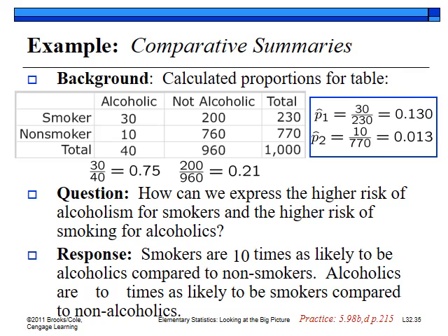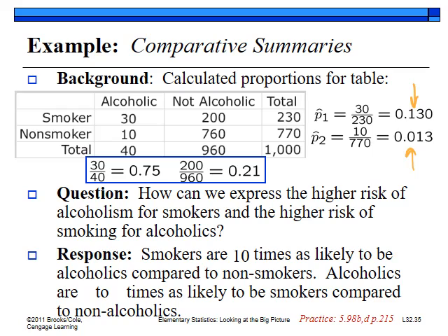That's because the top number here is 10 times the bottom number. Now, if we look at alcoholics versus non-alcoholics, what's the relationship between that 0.75 and the 0.21? Well, 0.21 times 3 is about 0.63, times 4 it's about 0.88, so it's somewhere in between 3 and 4 times.